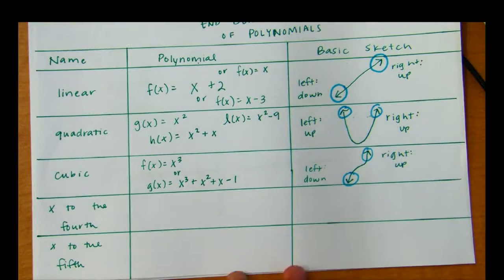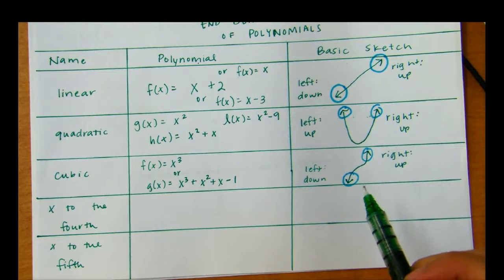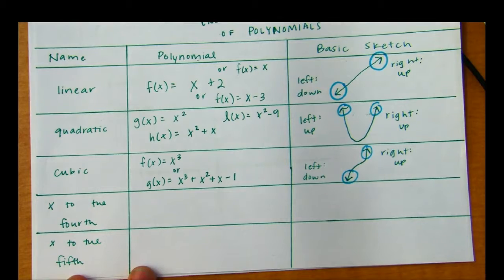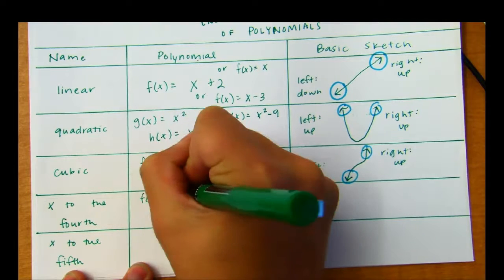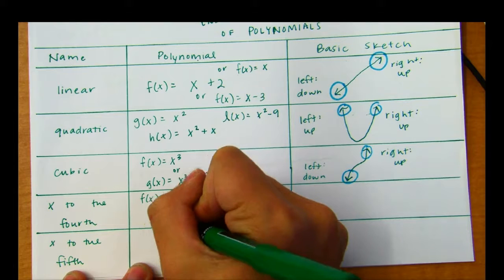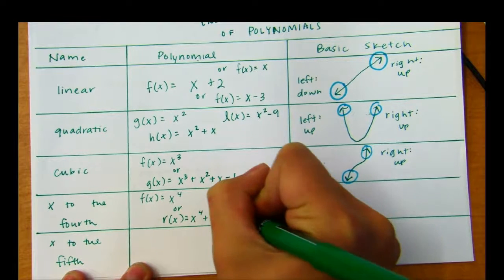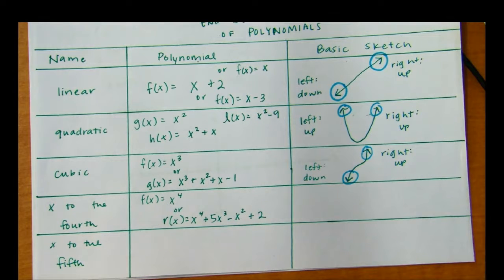Okay, we've got two more, and at this point you might start to recognize a pattern, maybe not yet. If I've got x to the fourth, this would look like the function f of x equals x to the fourth power, or it could be something like r of x equals x to the fourth plus 5x cubed minus x squared plus 2. This would also follow the same form.